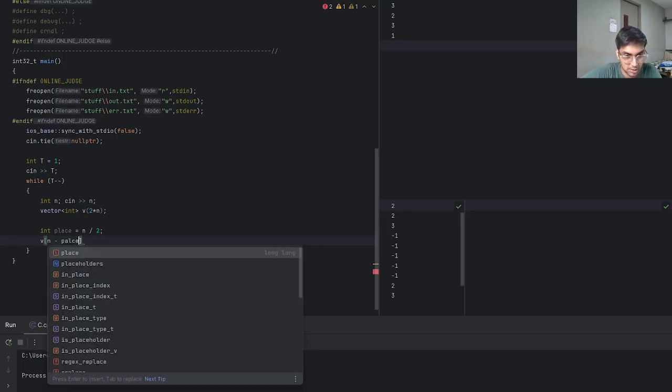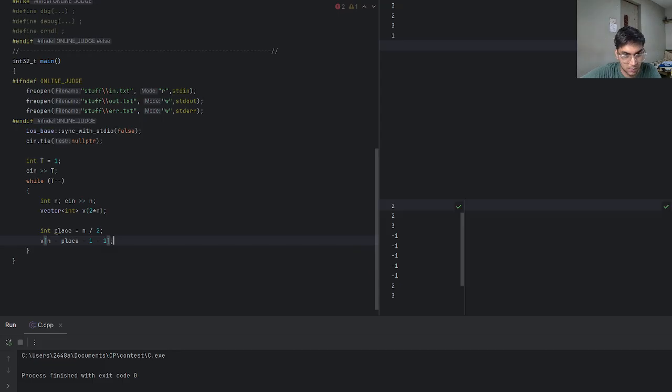So minus place, minus 1, and 1 for the index. This is n. Parent.